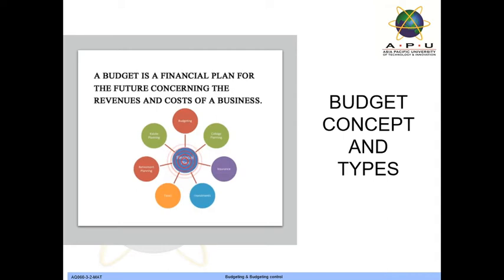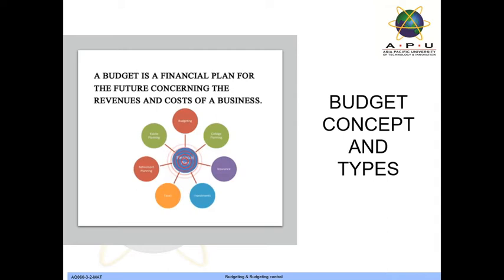At the end of the month or the end of the year, you have to prepare the actual financial performance or financial statement, so that you can compare the budget and the actual. So this is a brief look at what budget is all about. Now we continue our topic.